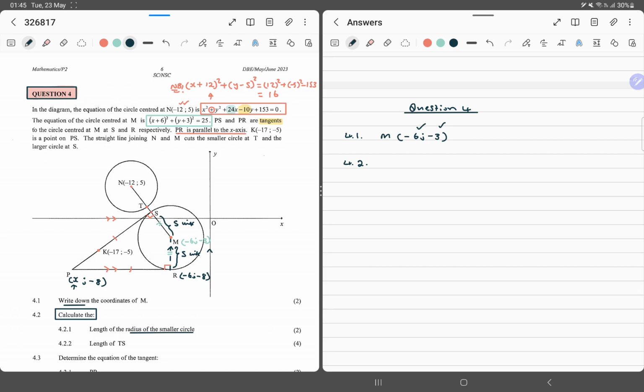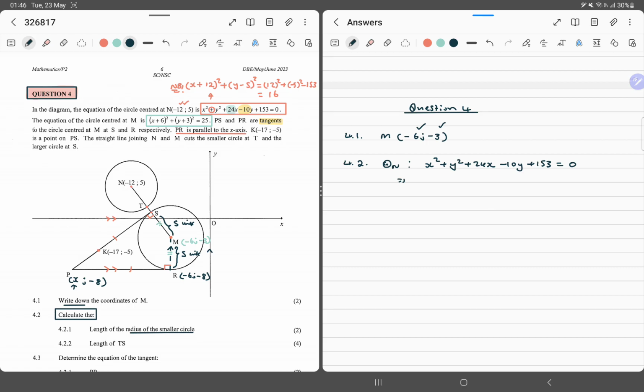What we know is that, look, we know that circle with center M was such that x squared plus y squared plus 24x minus 10y plus 153 is equal to 0.